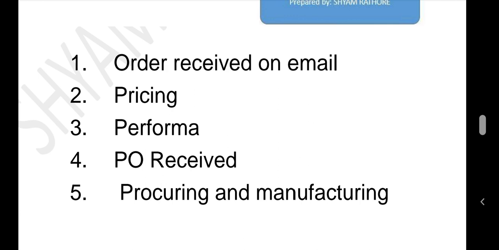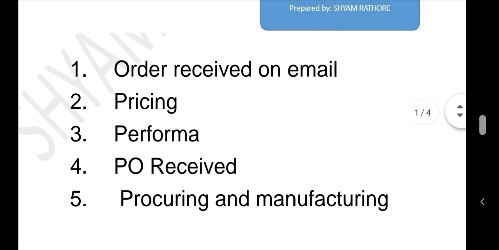In this way, after the goods are ready for export, we inform our CHA, and the CHA sends us the pre-carrier, like a loading truck, so the goods can be transferred to the port.